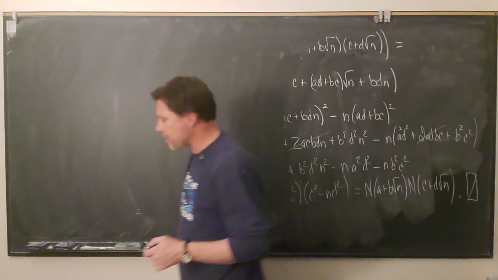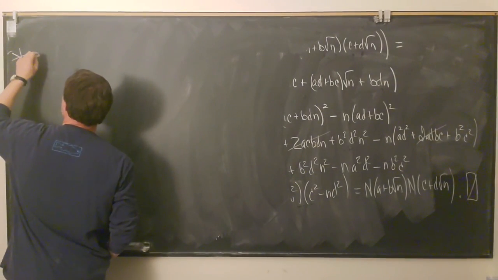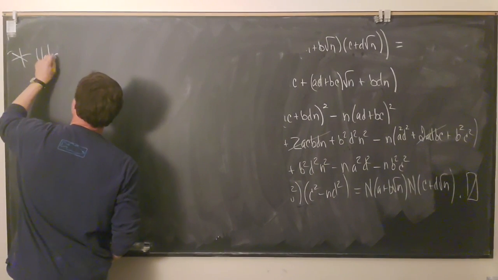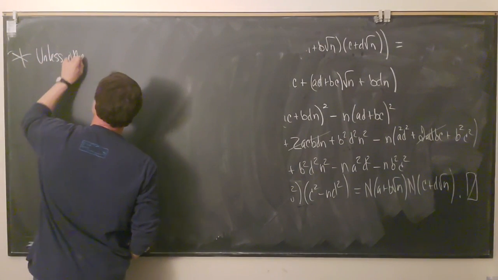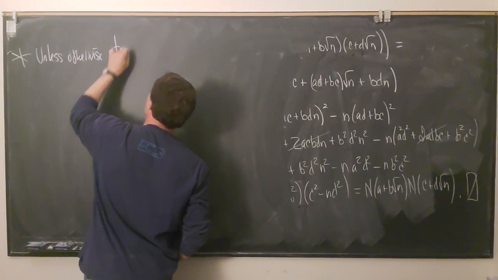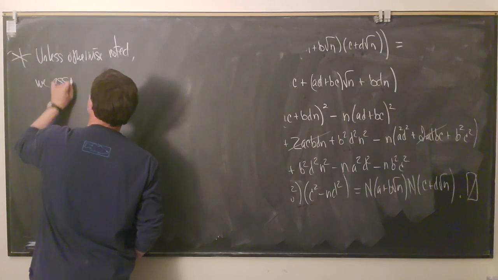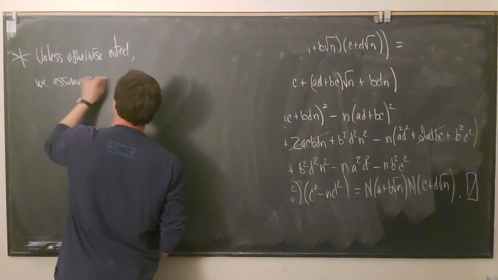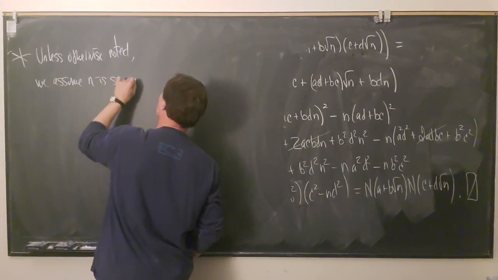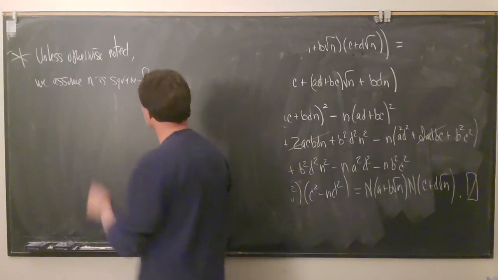So from now on, unless otherwise noted, we assume n is square free, and not equal to 1, right?